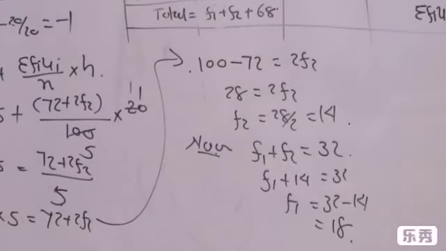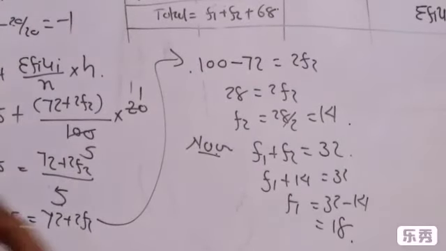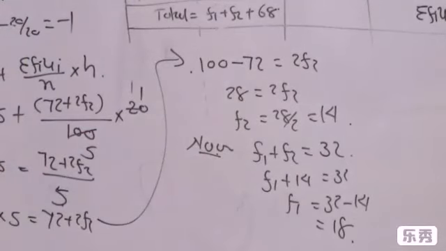That is your answer: f1 is 18 and f2 is 14.